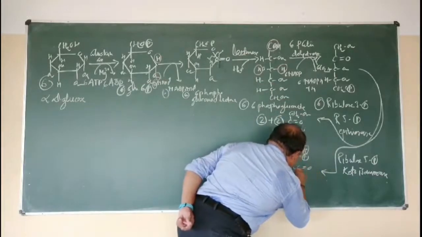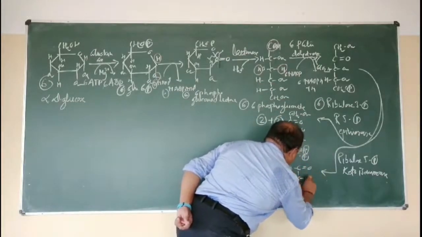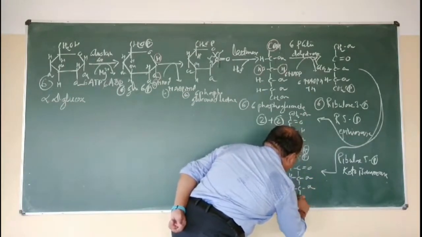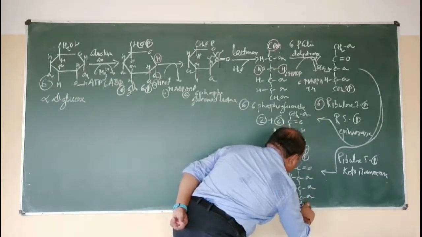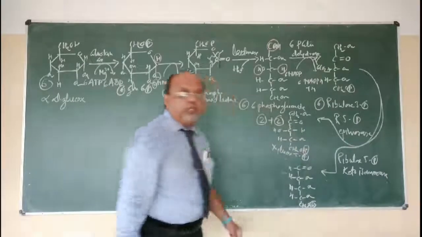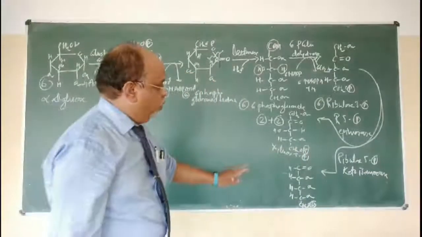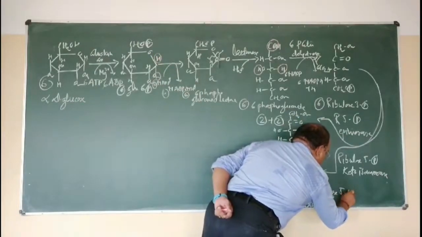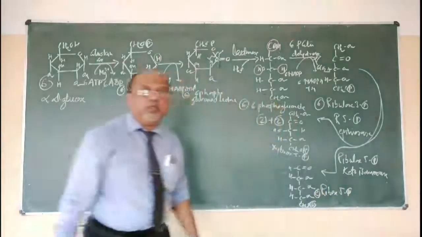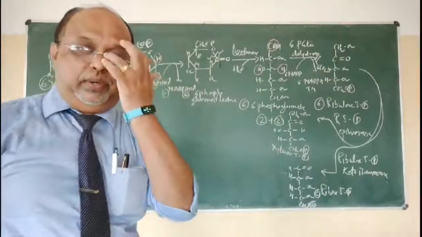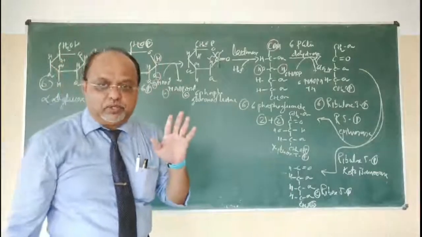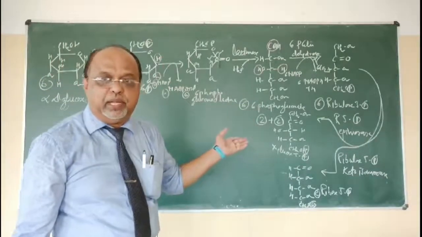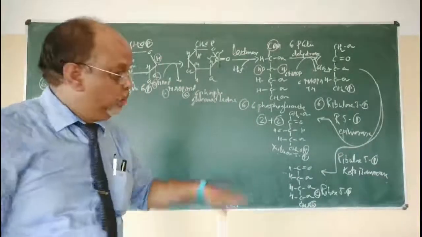C double bond O, H C OH, H C OH, H C OH, and last is CH2OP. Now this is known as ribose 5-phosphate, 2 molecules. So what happened during the reaction? Out of 6 molecules of ribulose 5-phosphate, 4 are epimerized to xylulose 5-phosphate, and the remaining 2 are isomerized to ribose 5-phosphate.